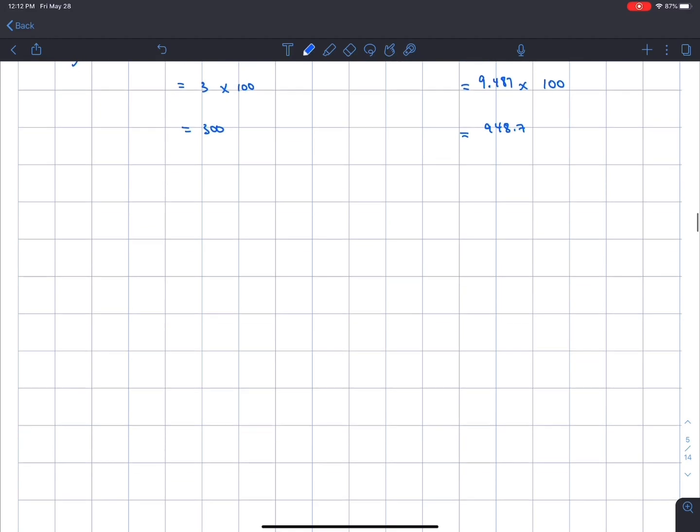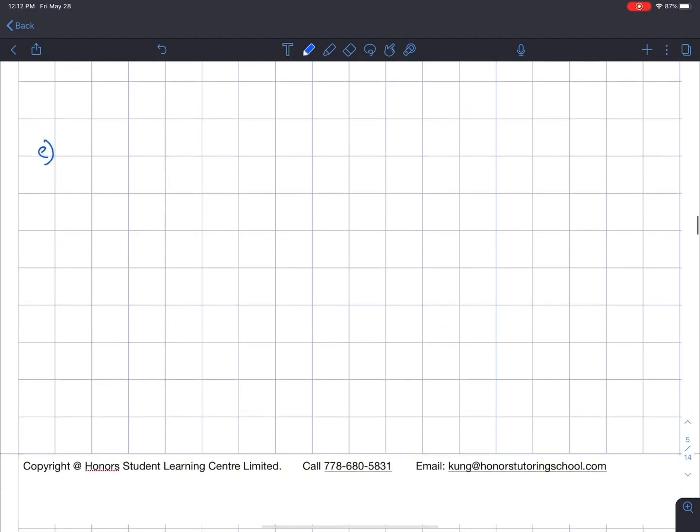And then E, we have the square root of 0.9. So I do have to add an extra 0 here. And then now I can say this is the square root of 90 over 100. You must make sure that you have an even amount of decimals for square root in order for you to be able to simplify them. So now this is the square root of 90 divided by the square root of 100.